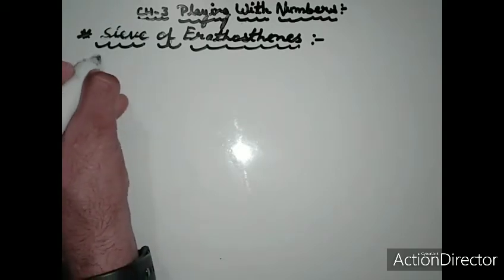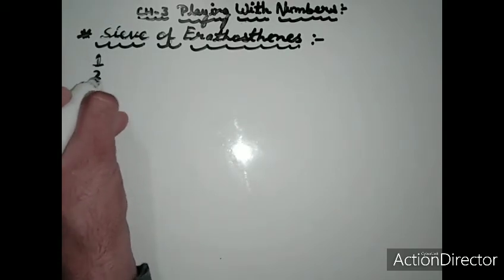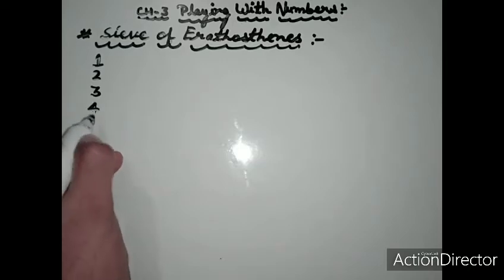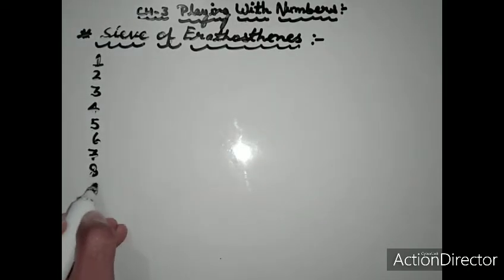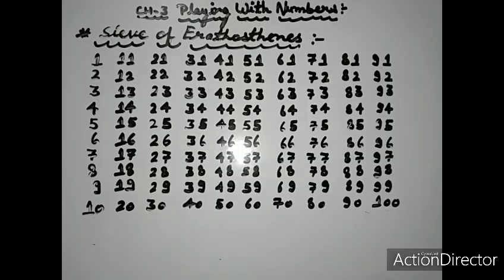1 2 3 4 5 6 7 8 9 10 ... 99 and 100. Now students, first we cross out number 1, because 1 is not a prime number.